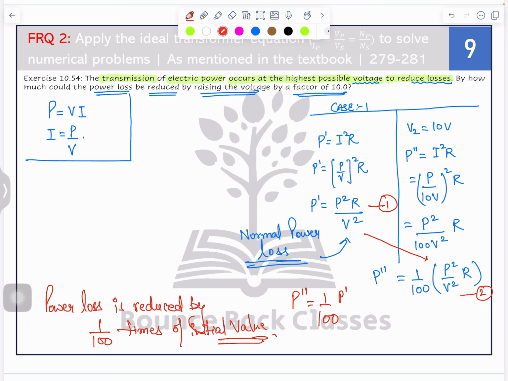Clear, guys? See, we just increase the voltage by 10 times, but there is a change, means the power loss is reduced by 100 times. This is the magic of understanding how the electricity by the changing of the voltage moves from one place to another place. Clear? Okay, now we have to move to the next question.